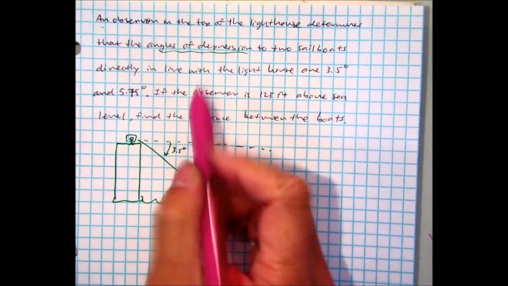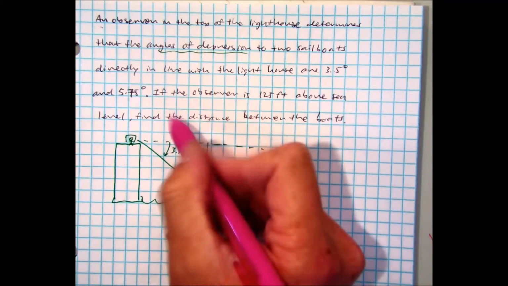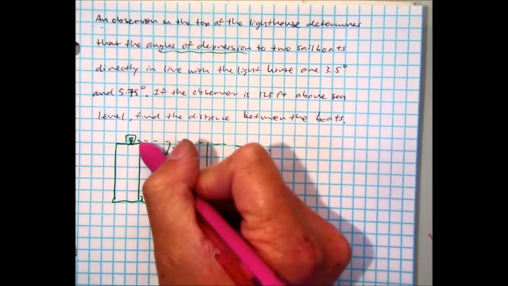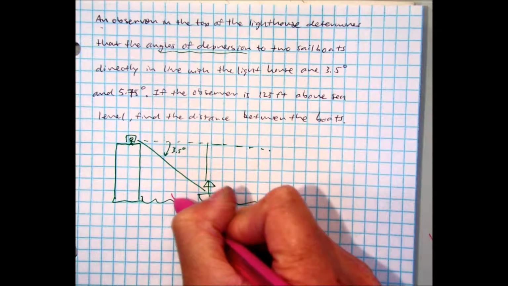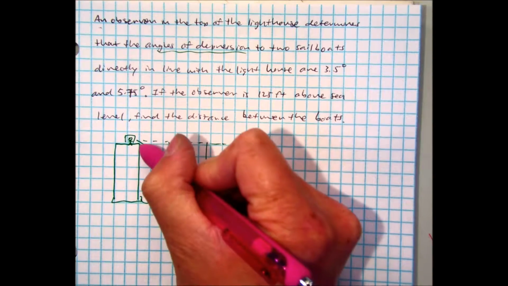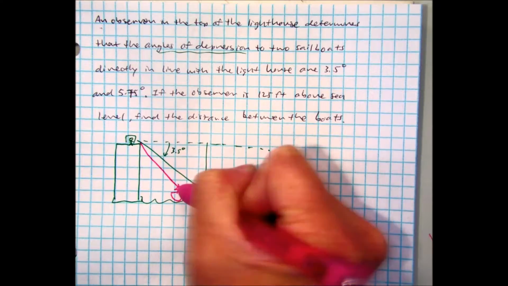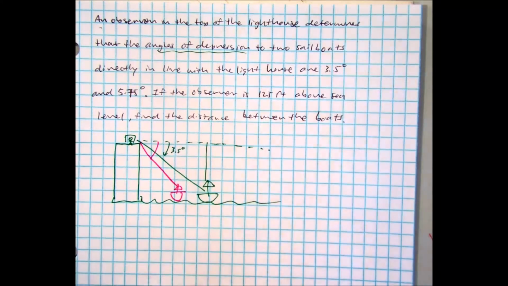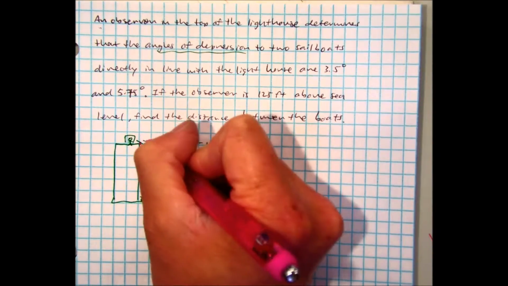And then a second boat. Let's draw the boat a little bit closer. That one is 5.75 degrees.